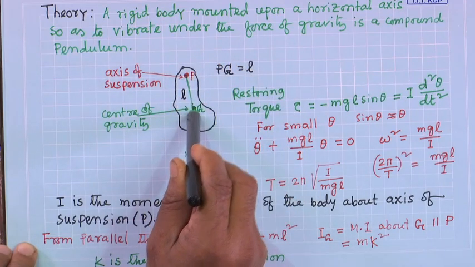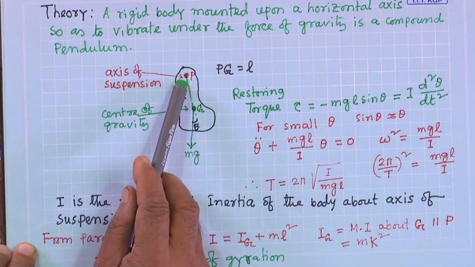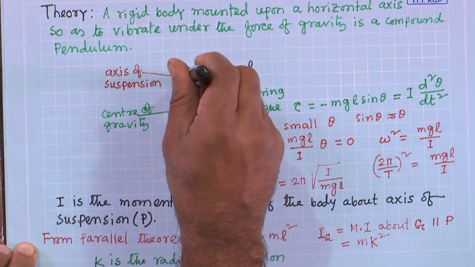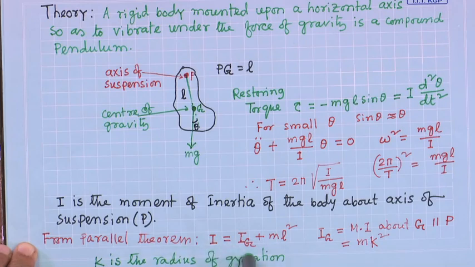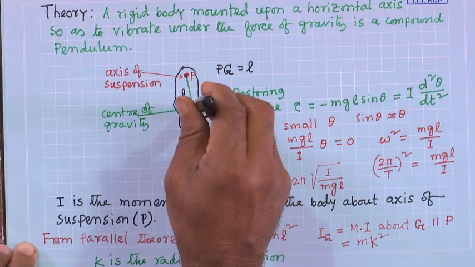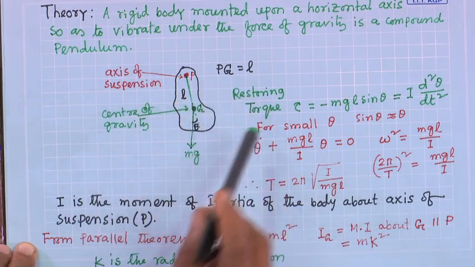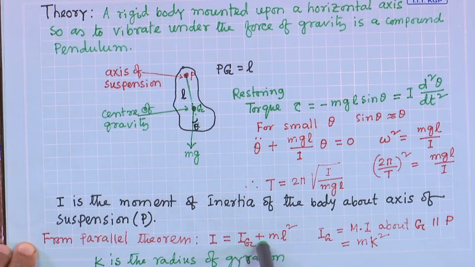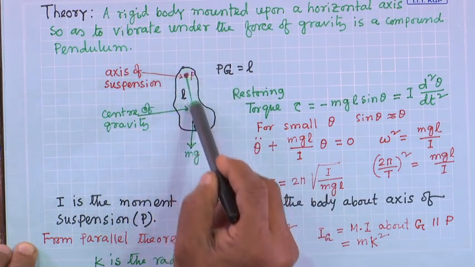So, the moment of inertia with respect to the axis of suspension is I equal to the moment of inertia about the axis passing through the center of gravity, I g, plus m, the mass of this body, times this distance squared.